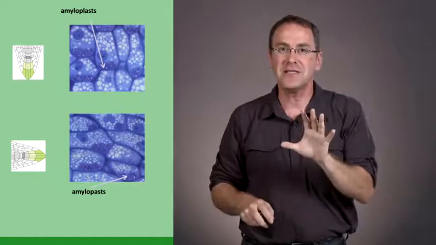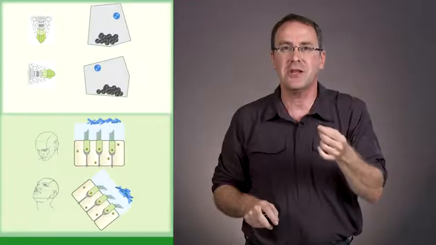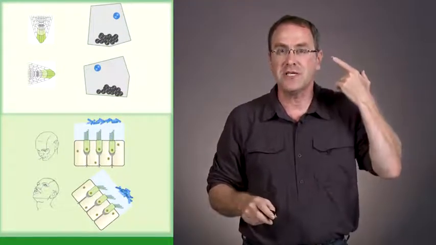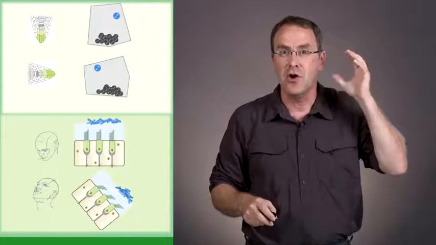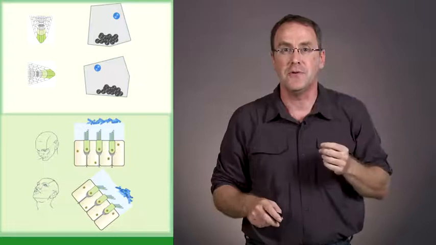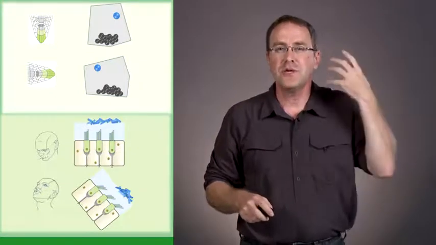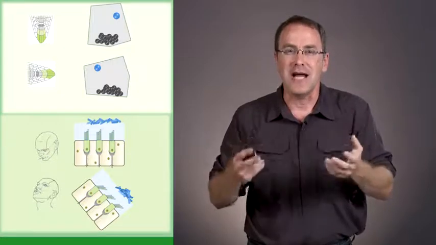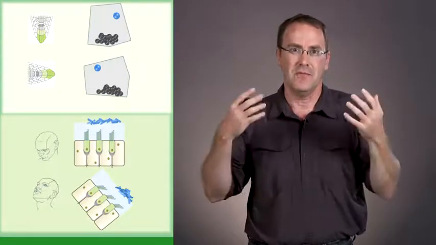Now, this is somewhat similar to what we described in the beginning of the lecture of the otoliths, of the crystals in our ear organs, which respond to gravity, that are always found on the bottom of the vestibule. Now, these crystals in our ears and the amyloplasts in roots are not the same structure.